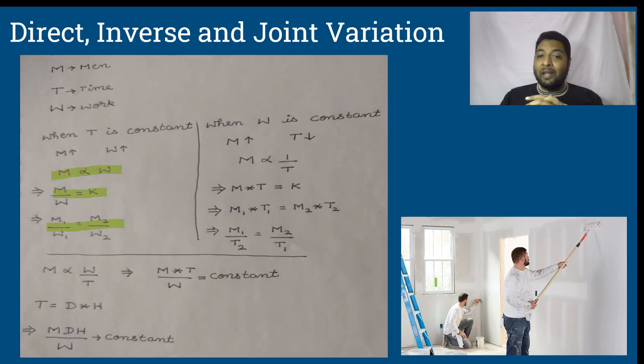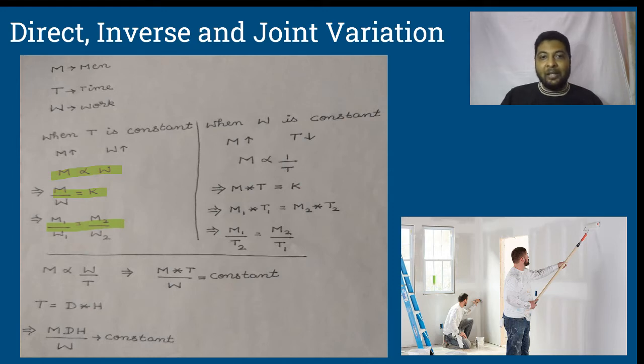Therefore, we can say that whenever the amount of work to be done is a constant, as M increases, T decreases. Or when M decreases, T increases. This is the opposite trend. Therefore, we say M varies inversely with respect to T.